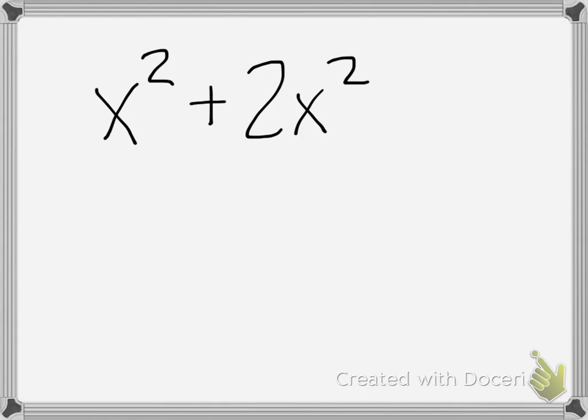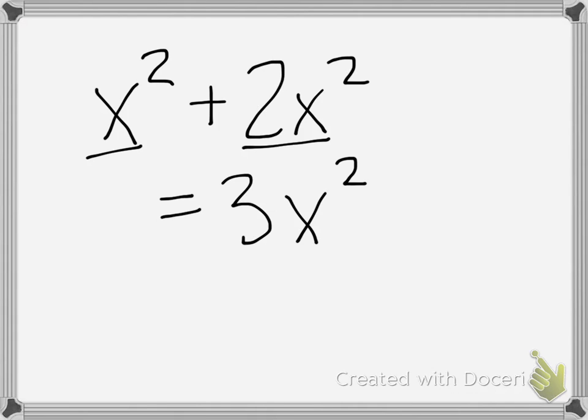Alright, adding polynomials, pretty straightforward. Let's say I have x squared plus 2x squared. Well, I have 1x squared and I have 2x squareds. I'm adding them together. That's just 3x squared.